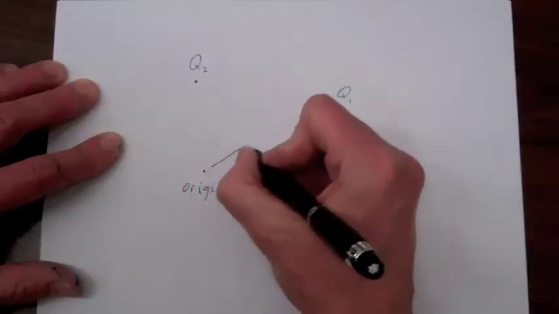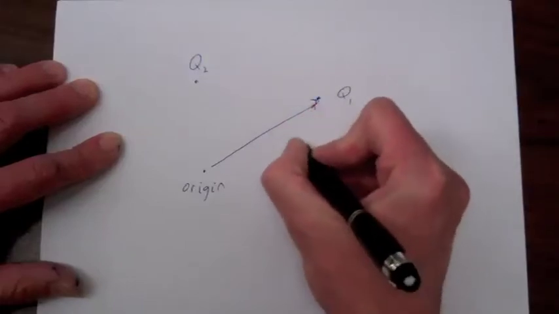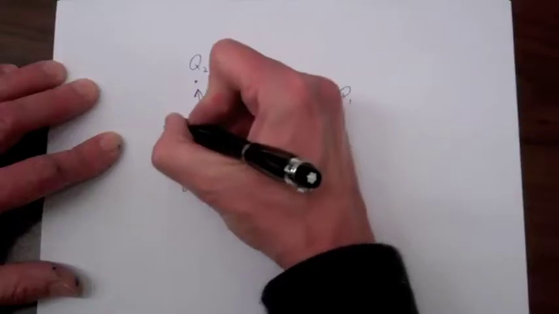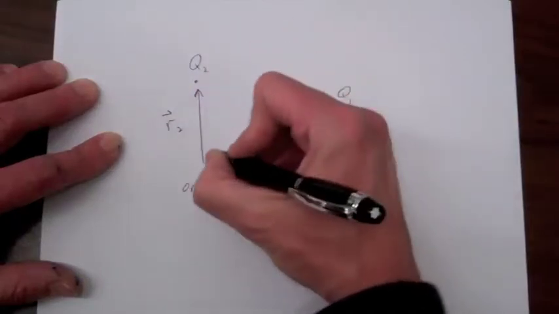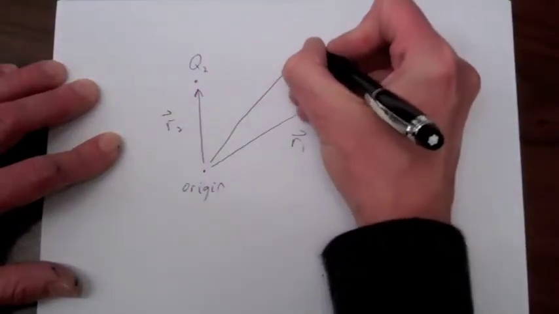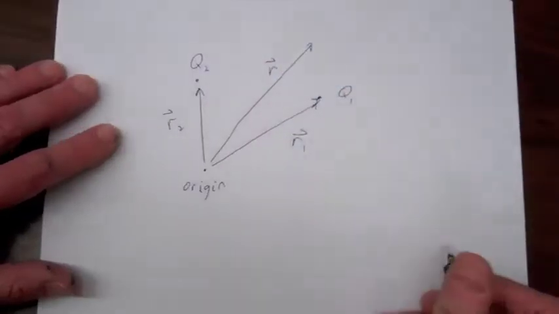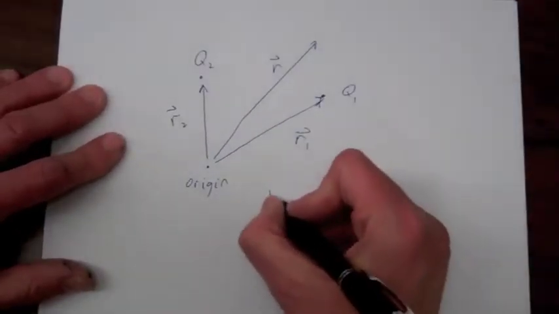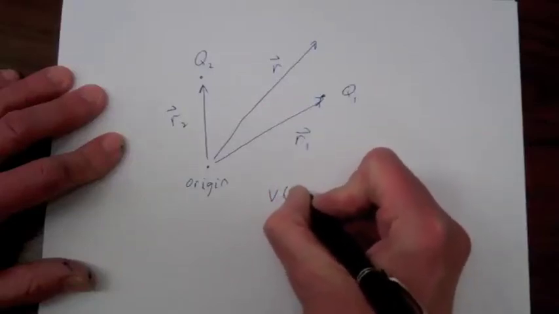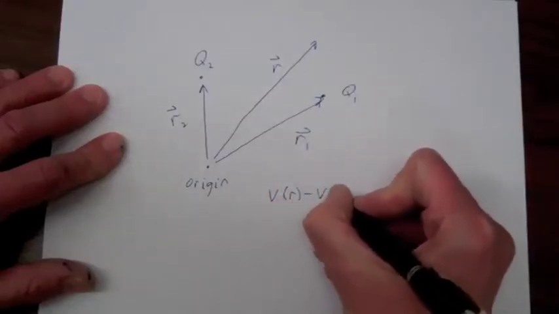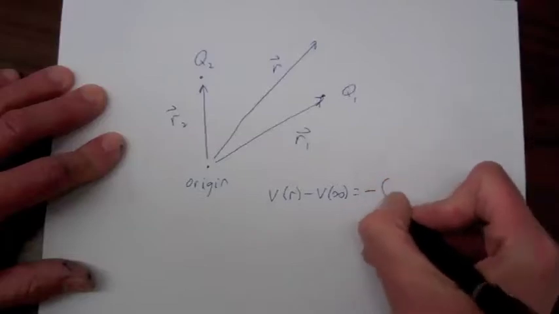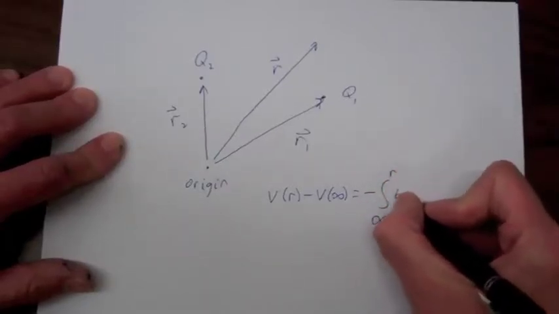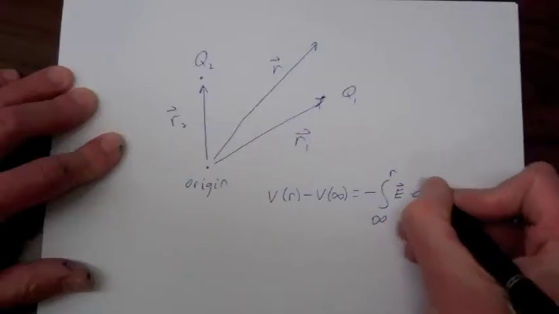Q1 is at location R1, Q2 at location R2, and then we want to find the potential at some point located at R. Again, the way you would find the potential difference between location R and infinity is minus the integral from infinity to R of E dot dl.